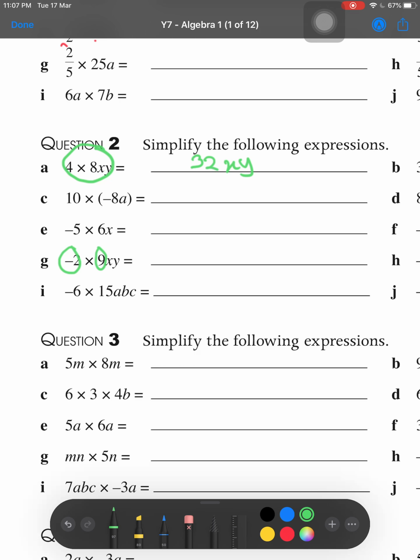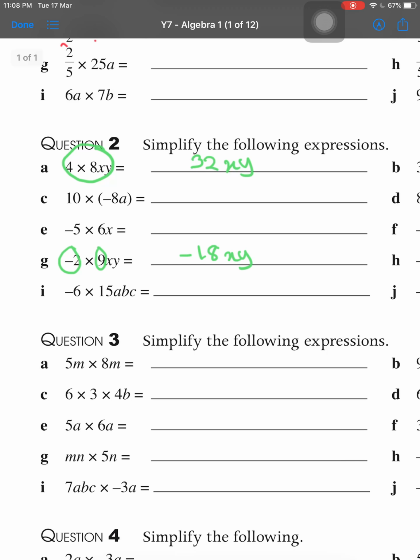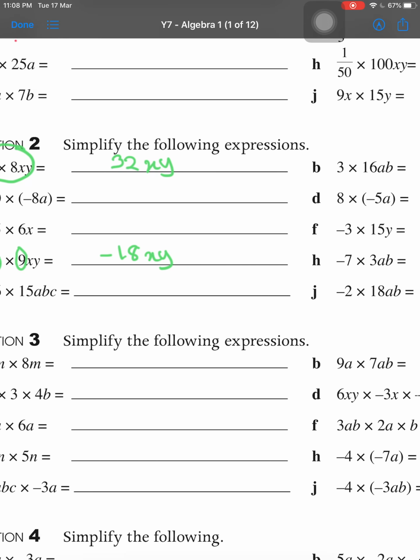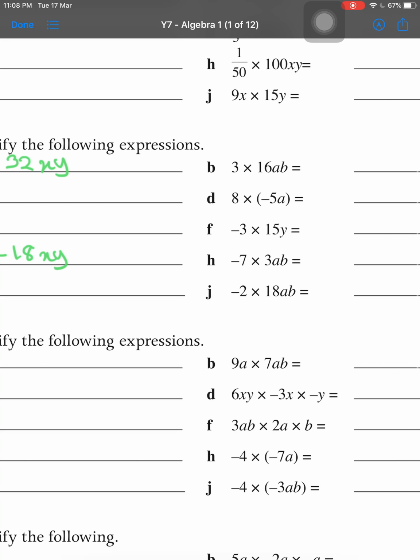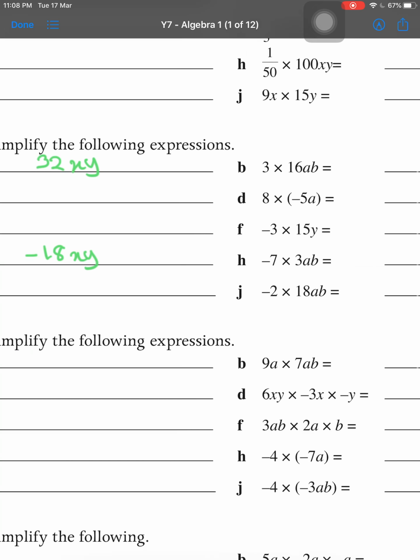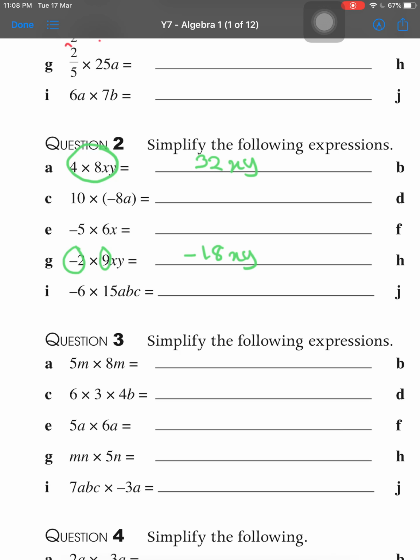So the answer for question G is negative 18xy. So basically what I want you to realize is that question two has combinations of negative and positive numbers. So you have to make the right call in applying the integer rule. So that's how we solve question two. Moving on to question number three.